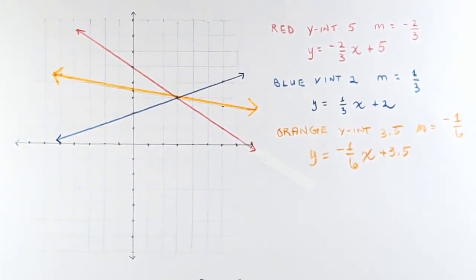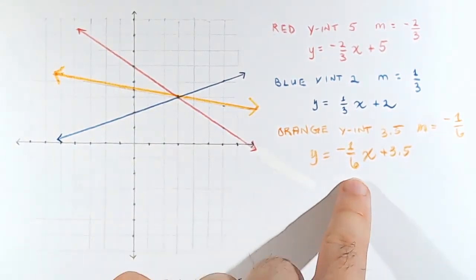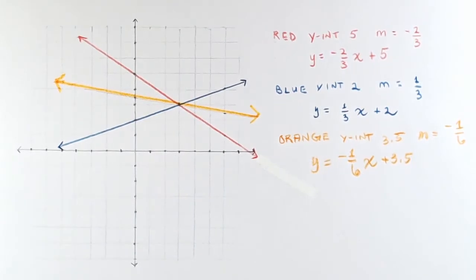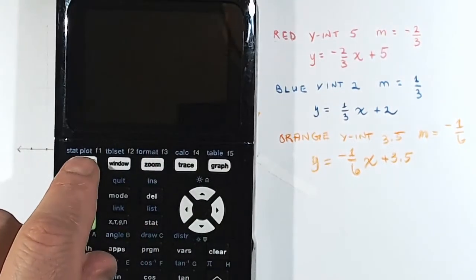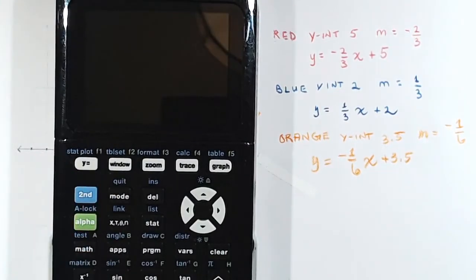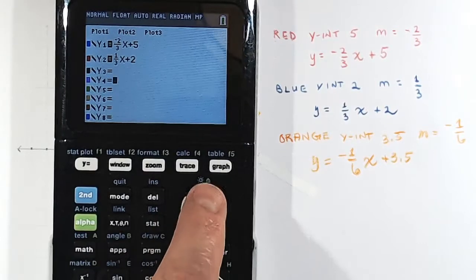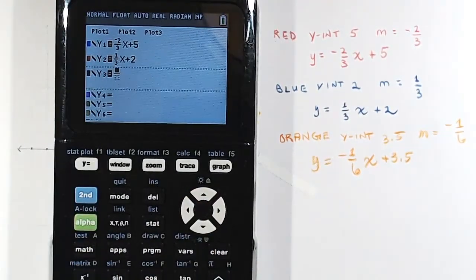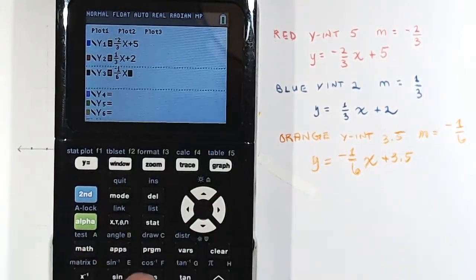That is so neat. And one of the really cool things is if we evaluate this equation at 3, we should get 3. So if I go to y equals and type in my new average equation, negative 1/6 x plus 3.5.